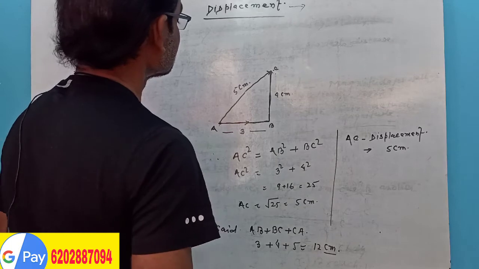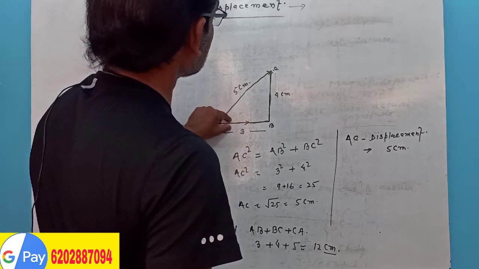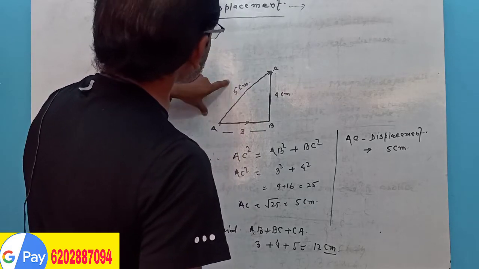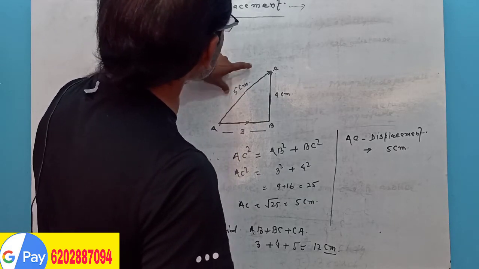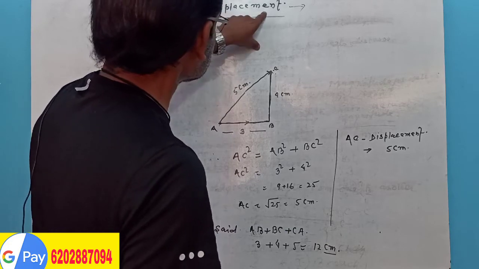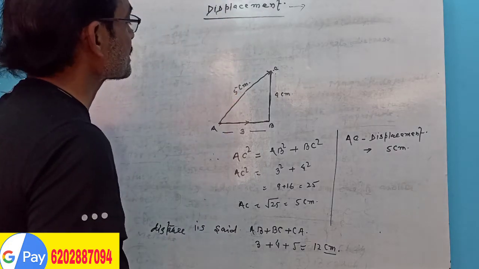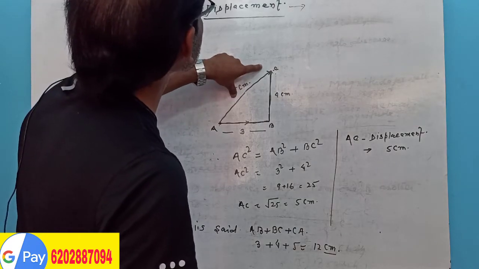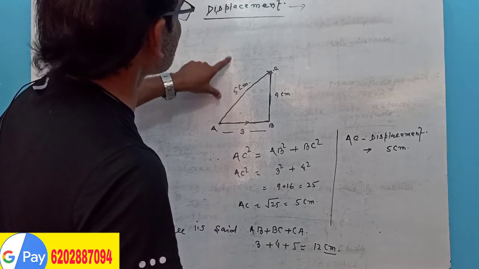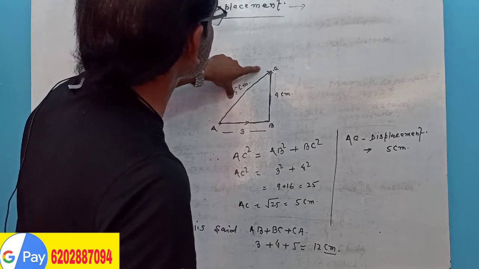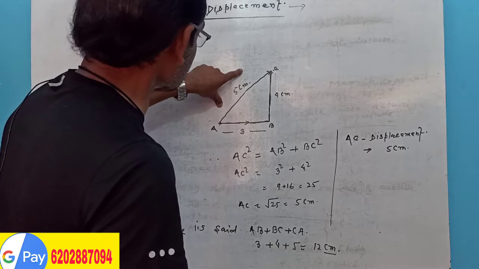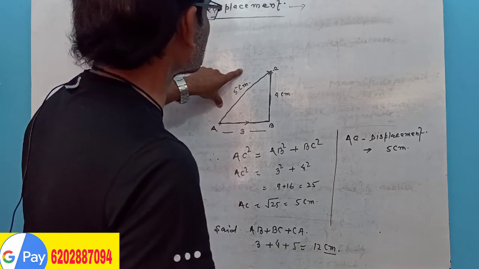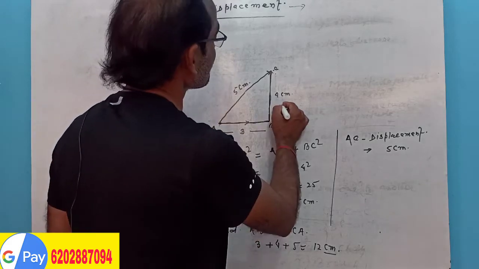AC is the resultant length. Resultant length is said to be the displacement. Hence, displacement is a straight line. Displacement is the shortest distance. Displacement is the physical quantity that has magnitude and direction both.